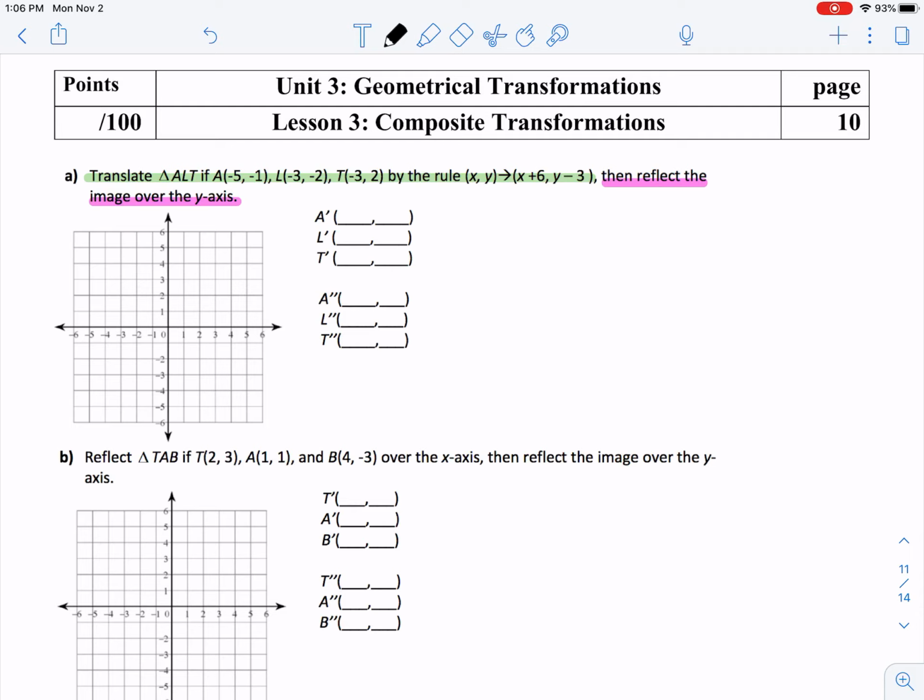So in this particular example, I'm translating, then reflecting. And just like with previous examples, just do it point by point. So -5, -1.